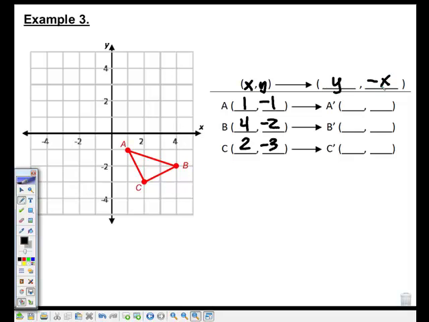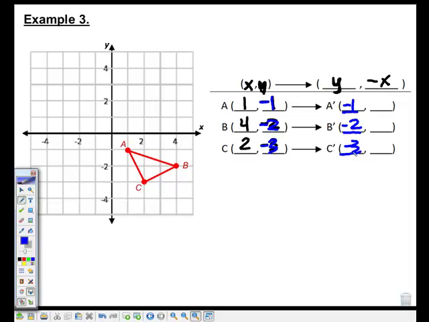Now what this is really saying is that the y values that over here are second are going to become first. So whatever y is at -1, -2, and -3, we are going to move those to the first position here, and we will have -1, -2, -3.